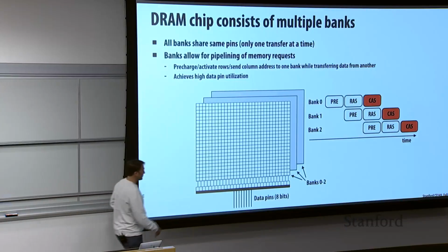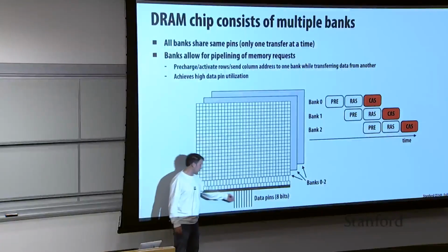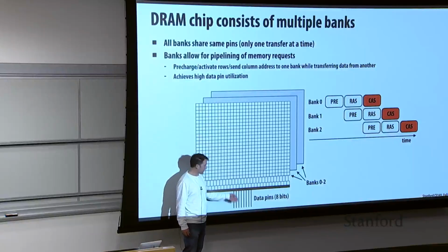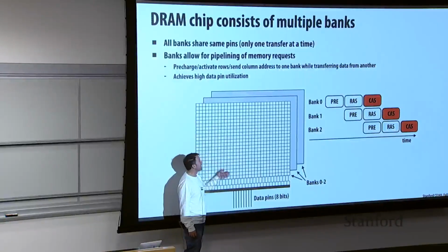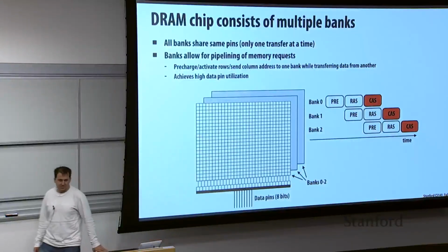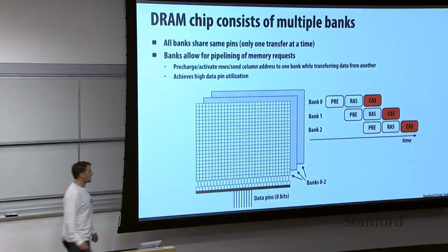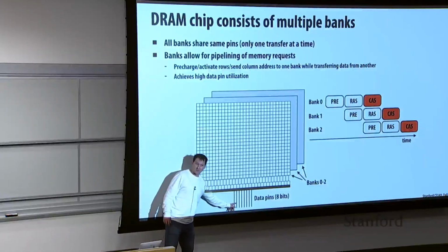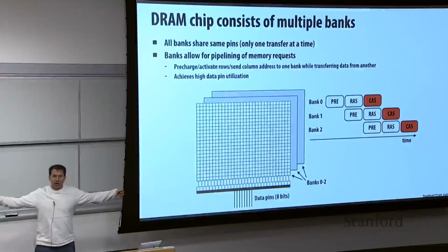Every DRAM chip, if you go buy one, is going to have some number of data pins, which is basically going to be 8. It's going to have a row buffer to store a row from any of these DRAM arrays, and there'll be multiple DRAM arrays, which are called banks. That's packaged up. Then if you want a 64-bit bus and this is an 8-bit bus, you start stacking them wide.